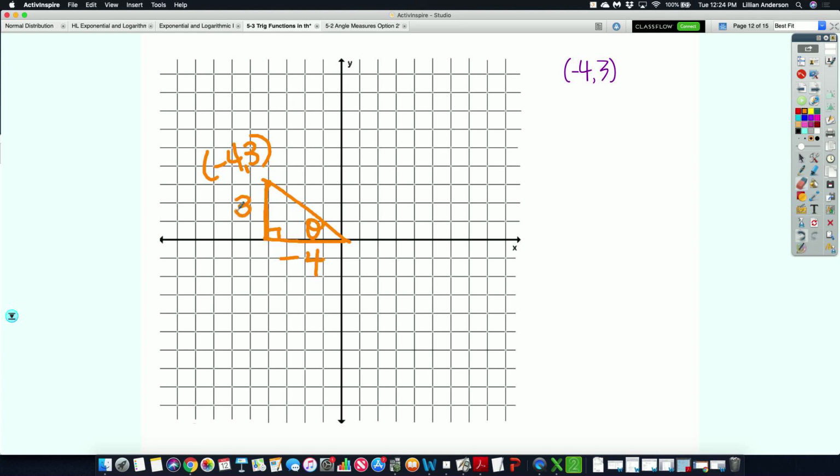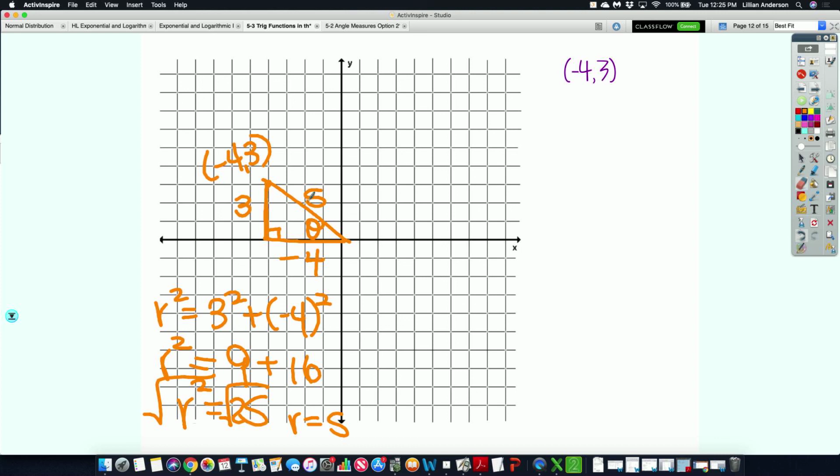This is positive 3. r squared equals 3 squared plus a negative 4 squared. When you square a negative number, it's always positive. So 16 plus 9 is equal to what number? And what's the square root of 25? Your radius, I'm sorry, I'm foreshadowing. Your hypotenuse is 5, always positive.